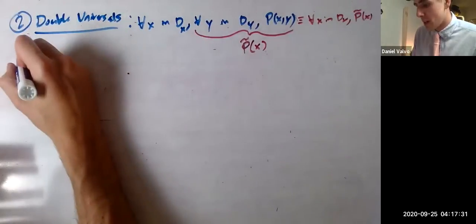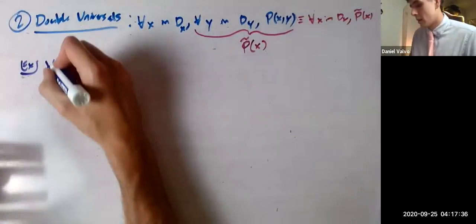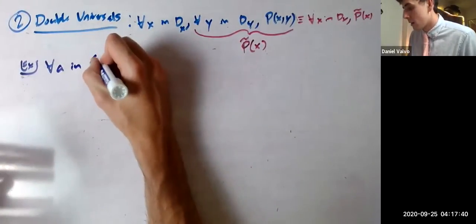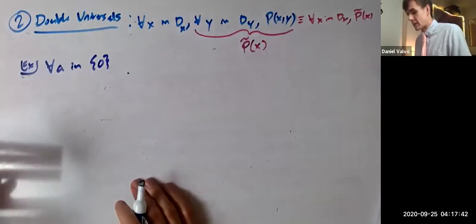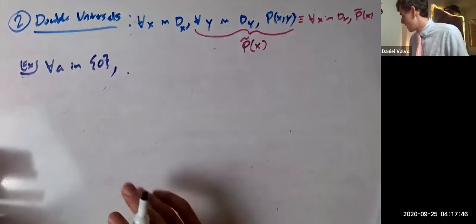So let's say, for example, for all A in the set {0}, so it's not a very big domain, but it's a domain.